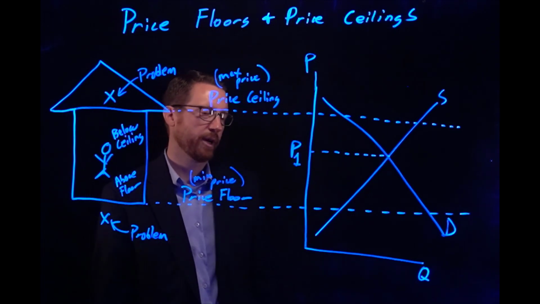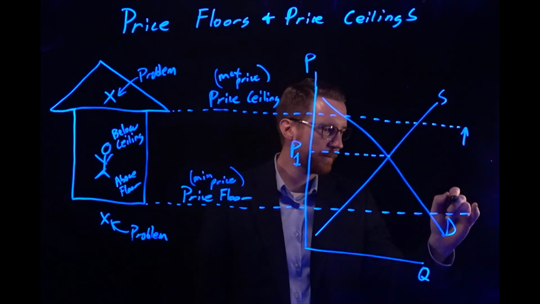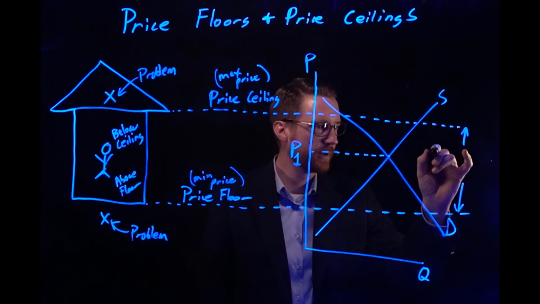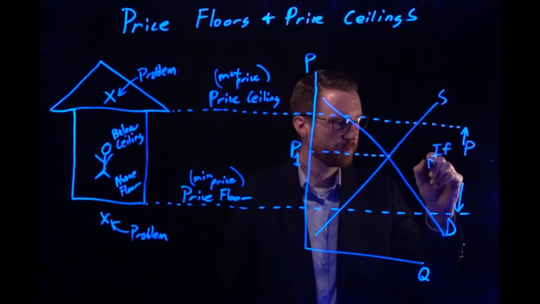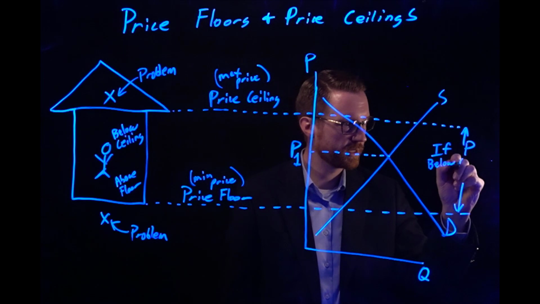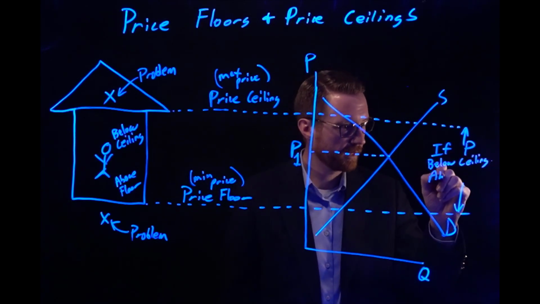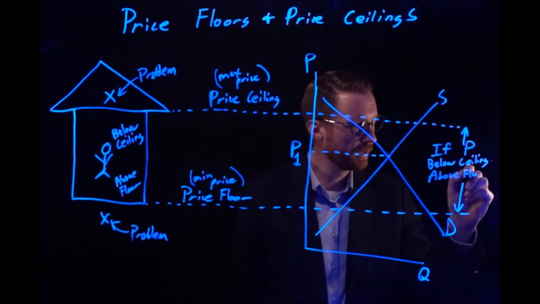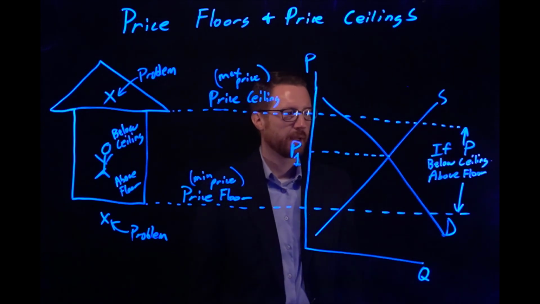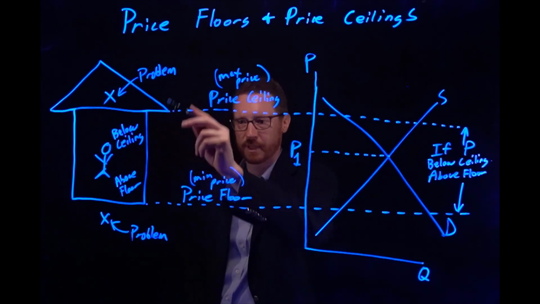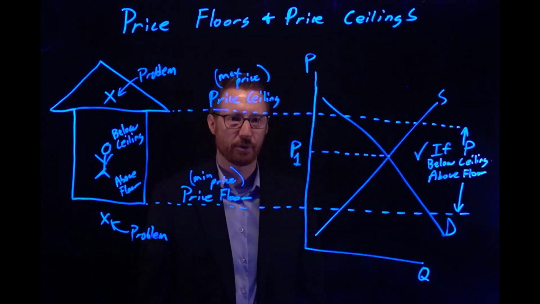So what does that mean over here in our diagram? That means as long as price is within this range, so if P is below the ceiling and above the floor, if it's at the floor or above, at the ceiling or below, so it's living in the middle of the house, then we're all good. Everything is okay.